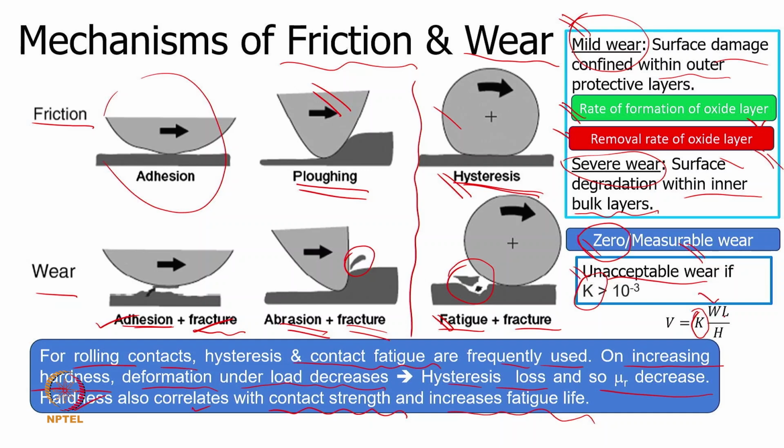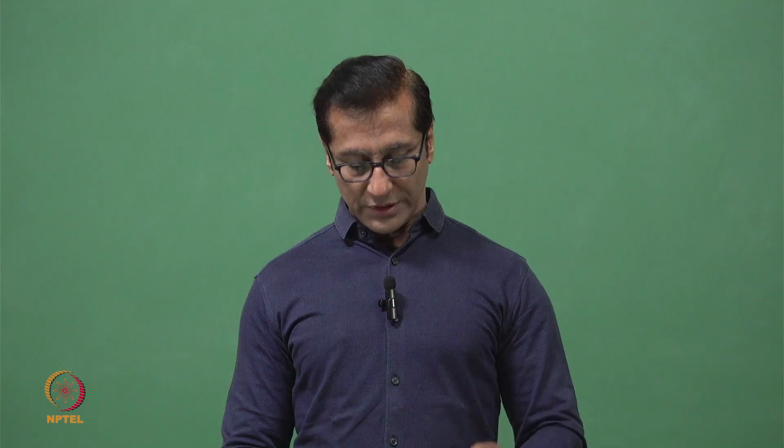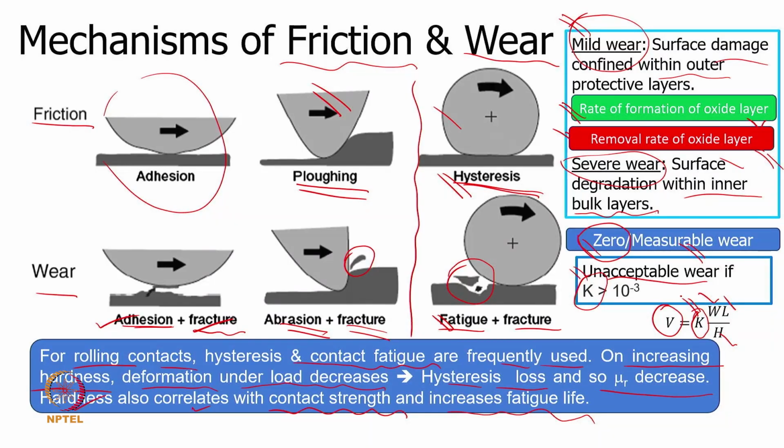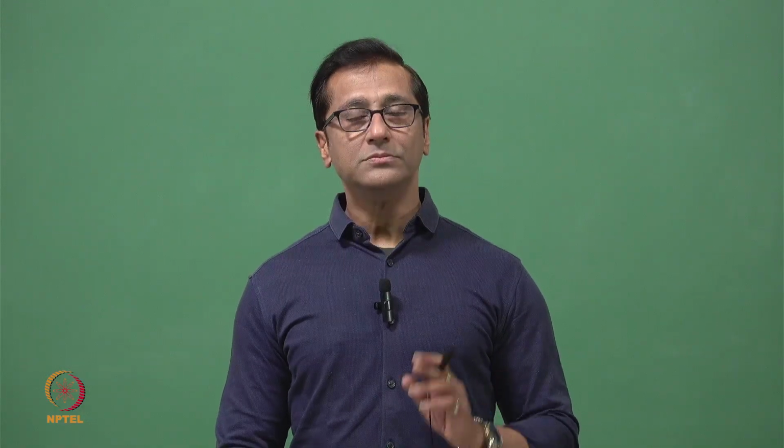We know Newton per meter square, and this is the meter, so it's a meter cube. That means volume should be measured in meter cube or centimeter cube or mm cube or micron cube, whichever manner, and this k will turn out to be a dimensionless constant. If it is greater than 0.001, we will say wear is unacceptable, it should not be utilized.